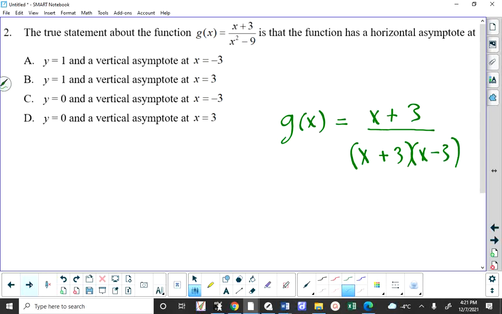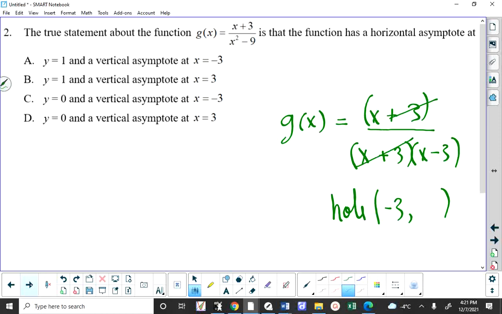If you have a factor that cancels, like x plus 3, that means you're going to have a hole at the 0 of that factor that cancels. So we have a hole at negative 3.